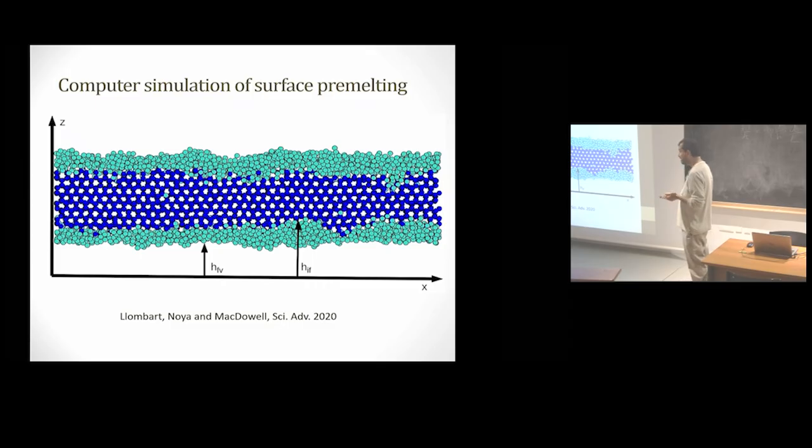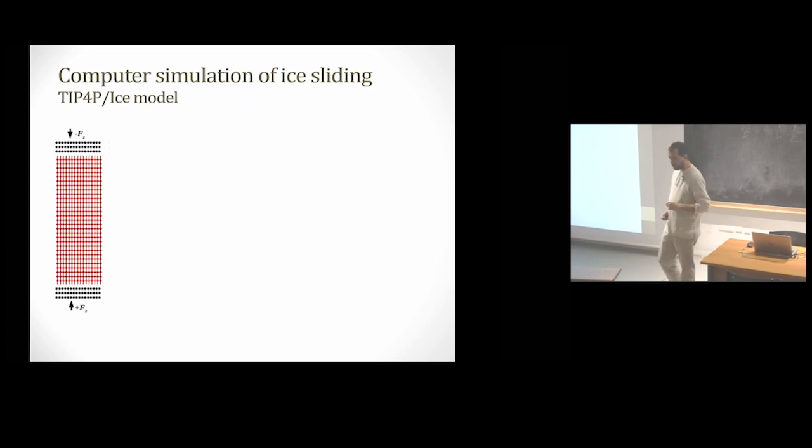And well, in my simulations, my students would come to me and show me these snapshots. And I can see a nice layer of ice pre-melting. So it's difficult not to expect that this feature of the ice surface has a role in friction. So I decided to get involved in it, and eventually I was lucky to get the visit of a Polish student to my lab, and we started the project.